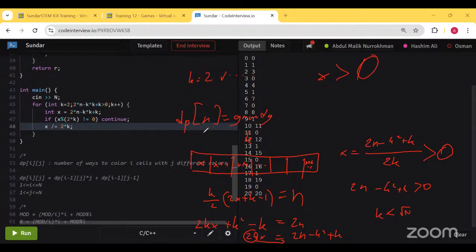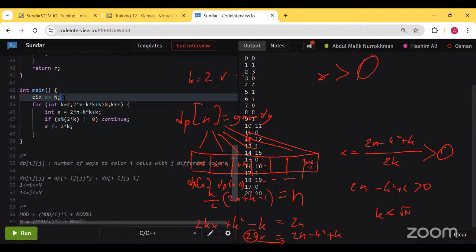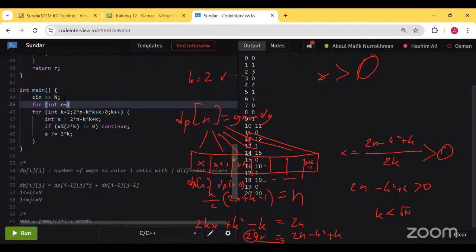So if we can make a move from this value to this, the next Grundy number is the XOR of all dp of this, dp[x], XOR with dp[x+1], and so on. So we can use dynamic programming for n equal to 1 until the real n.